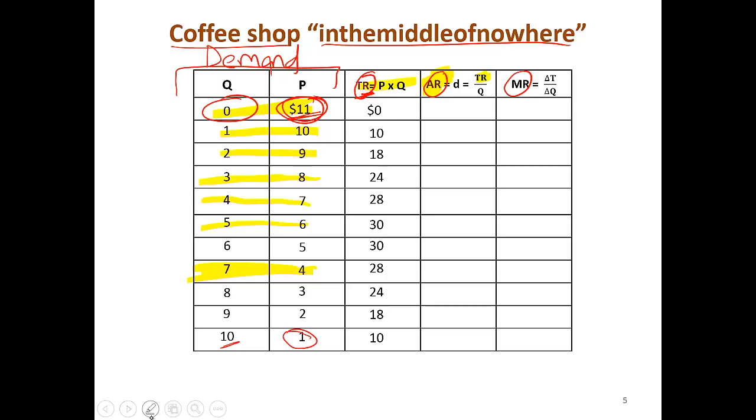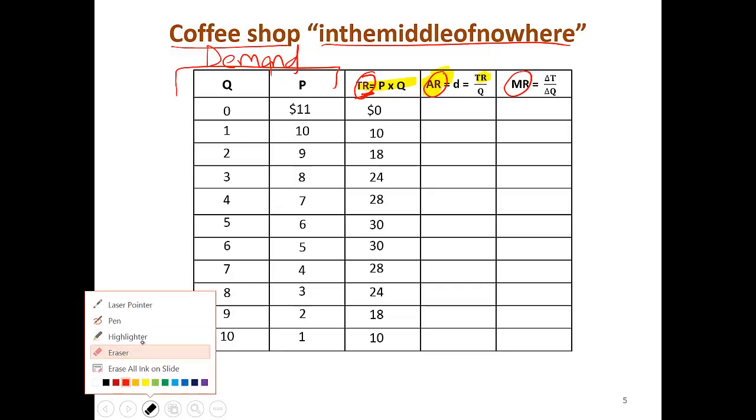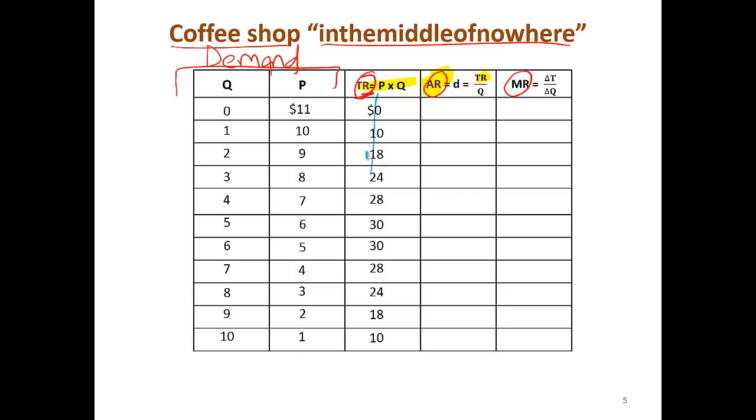Let's clear some of the stuff on the slide. Average revenue is defined as total revenue divided by quantity. So 0 divided by 0, that's undefined.